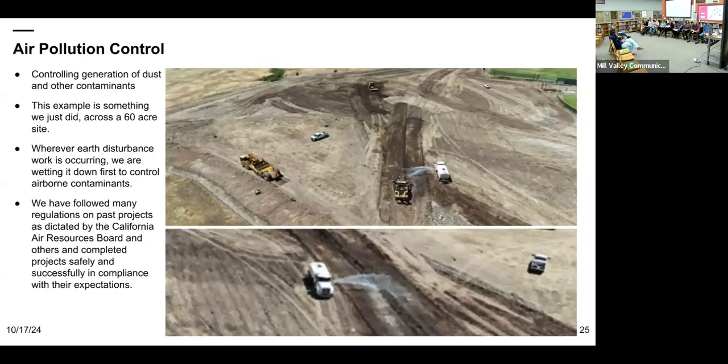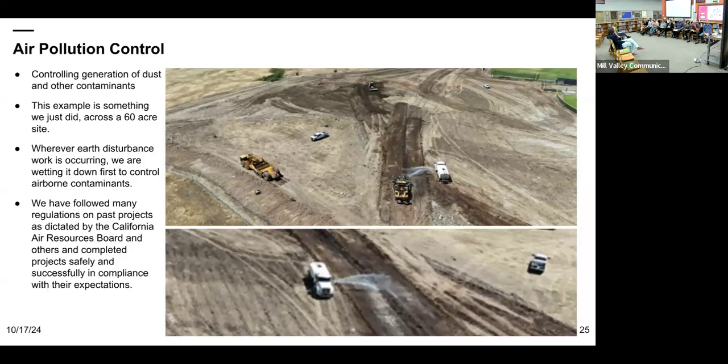I also want to touch on air pollution control because I know that's a big concern, and it's a valid concern. And it's something that we don't just focus on with Mill Valley, but on all of our projects. Whether it be just normal dirt and dust generation, naturally occurring asbestos in the soil, or any other contaminants that we might find need to be mitigated, we are aware of them on this project.